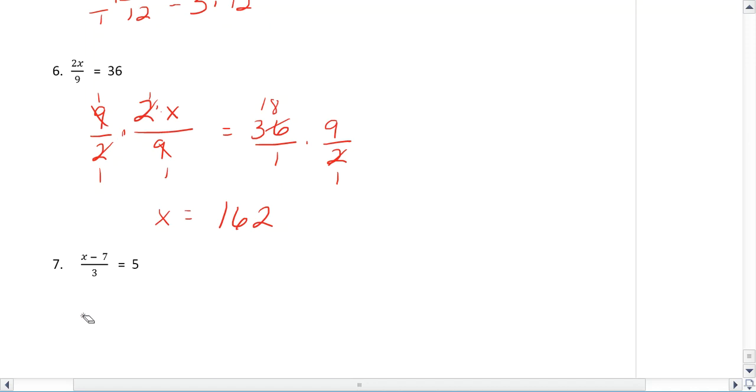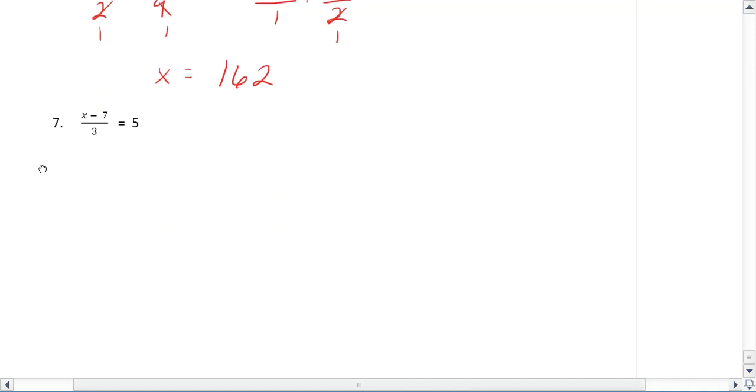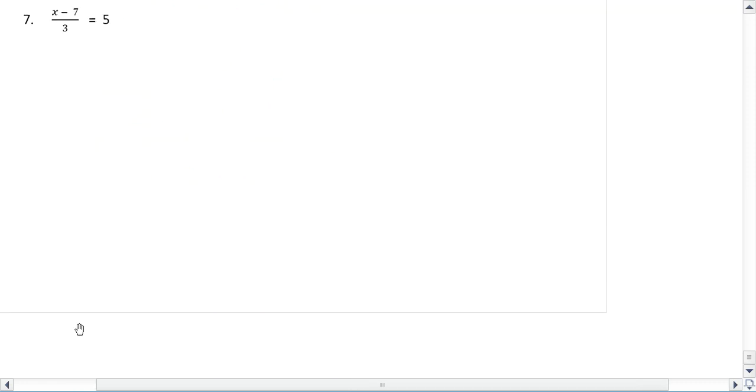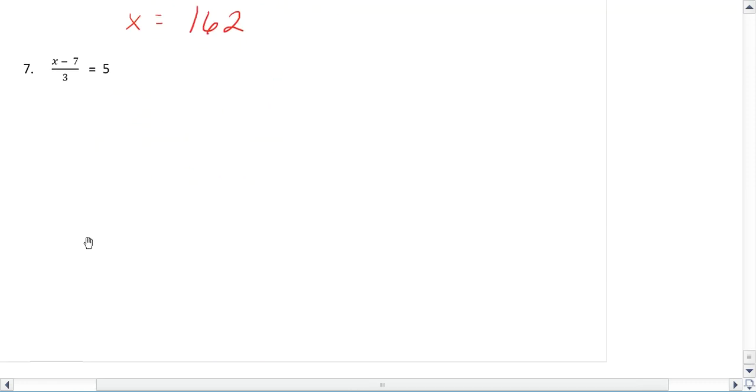Okay, now I think this is our last example. Yes, it is. We have something a little different. We have to take a look at this numerator. We have x minus 7. This is an exception to the rule about following PEMDAS backwards, but for a very good reason.